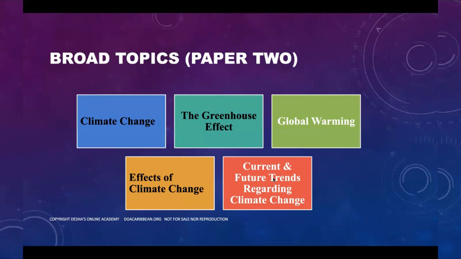Now, what are the causes of climate change? The most important cause is the emission of greenhouse gases in the environment. And these greenhouse gases cause what we call the greenhouse effect.